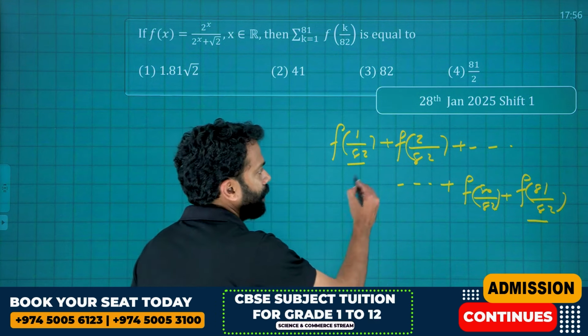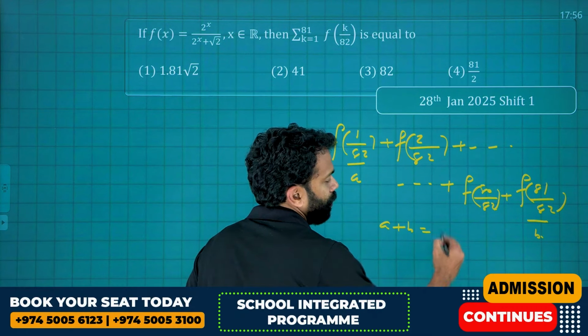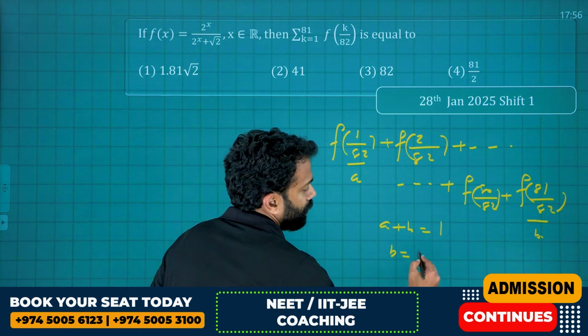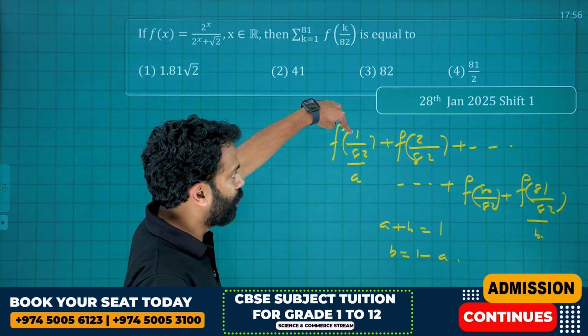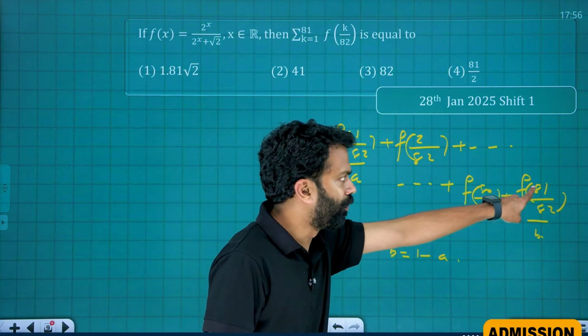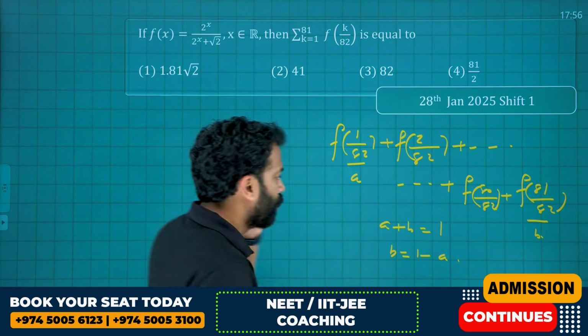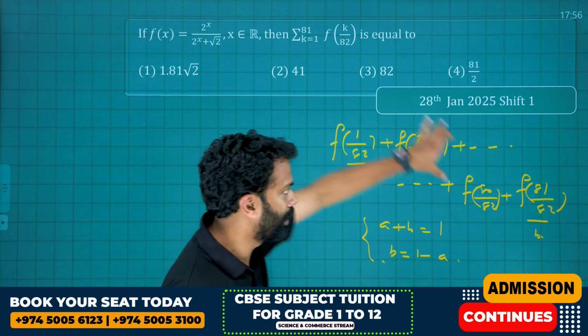That is, take it as A and this as B. What is A plus B here? 1, right? Okay. Therefore, what is B? 1 minus A. Okay. That is, it is f of 1 by 82 and it is f of 1 minus 1 by 82. Okay. Therefore, this is the relation between the term here and here. Also for the term here and here as well.